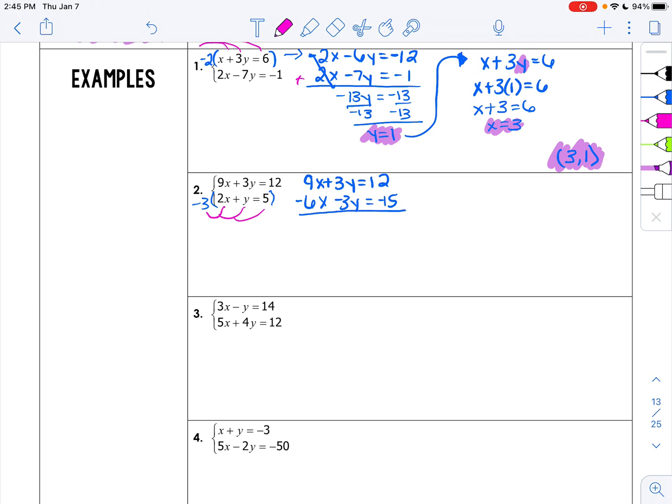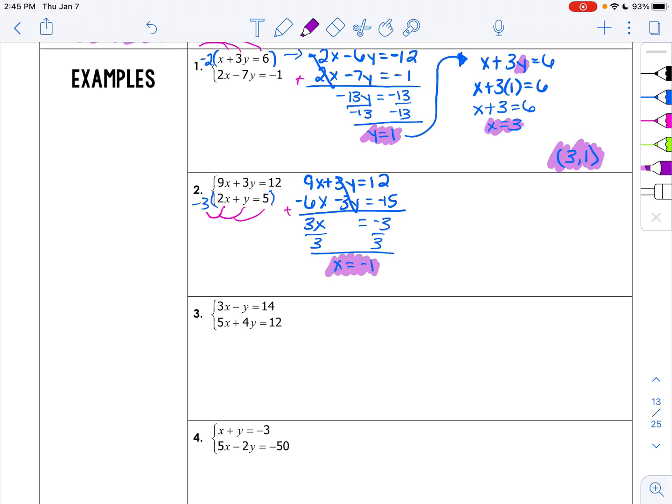Then I can simply add. 9x minus 6x is 3x. 3y minus 3y cancels out my y's. Equals 12 minus 15, which is negative 3. Divide both sides by 3, and I find that x equals negative 1, the first half of my answer.